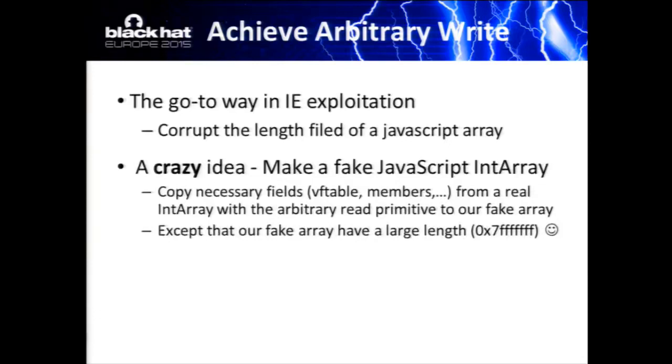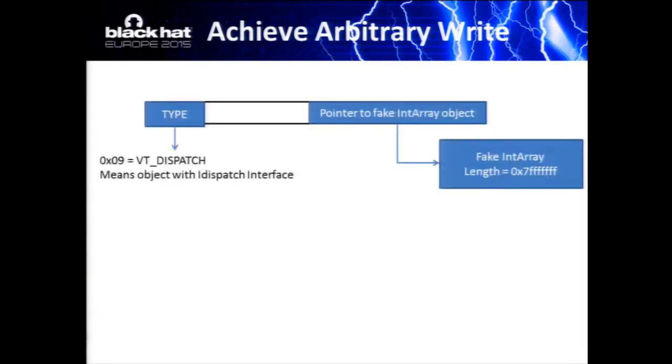It is possible for us to make a fake variant that contains a JavaScript int array, just with a large size. To make this fake JavaScript array, we need to set the variant type to VT_DISPATCH. So this time, the value field would be an object pointer. We let this pointer point into our leaked array, so we can fully control the object data.